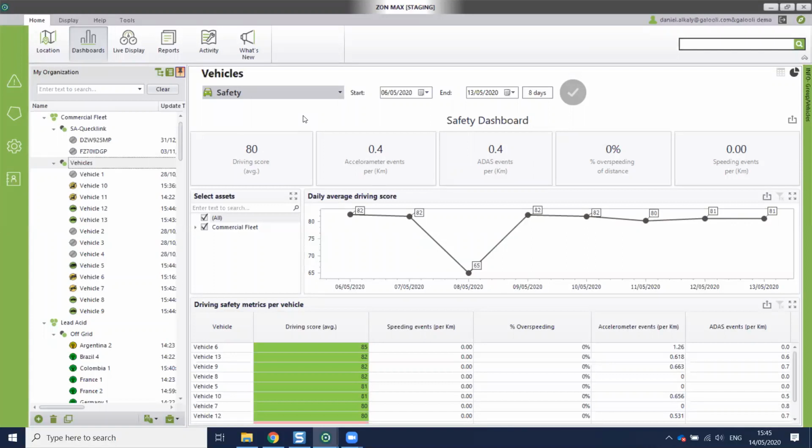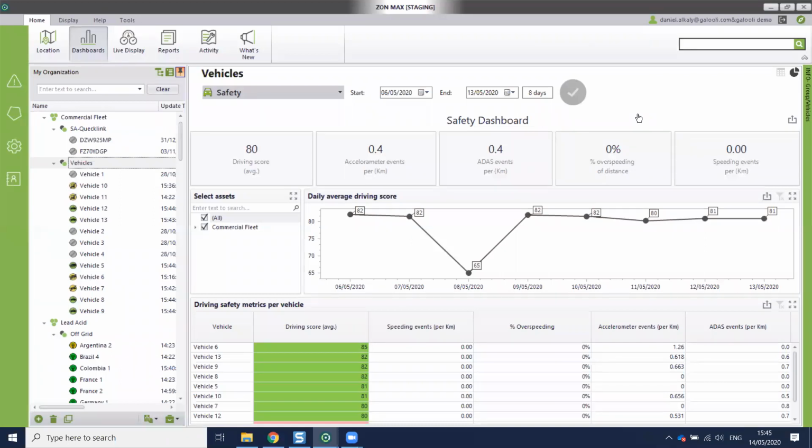And in case you have any type of mobile or move-on connected, then any type of proximity alerts or speeding will be considered as well. So basically what we're trying to do here is indicate the current safety level of your fleet. We see here this is the average score. We have 0.4 accelerometry events per kilometer, 0.4 ADAS events per kilometer. We saw this before.